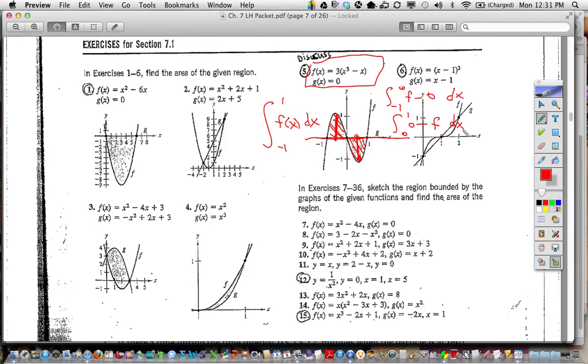Now, we're going to talk about that exact thing today on a problem where we're going to talk about net distance and total distance traveled, and splitting it up like this is kind of where you look at the stopping points. Remember we talked, it wasn't that many class days ago, about if a particle's moving back and forth, and you want to know the total distance traveled, you got to find when it stopped and turned around.